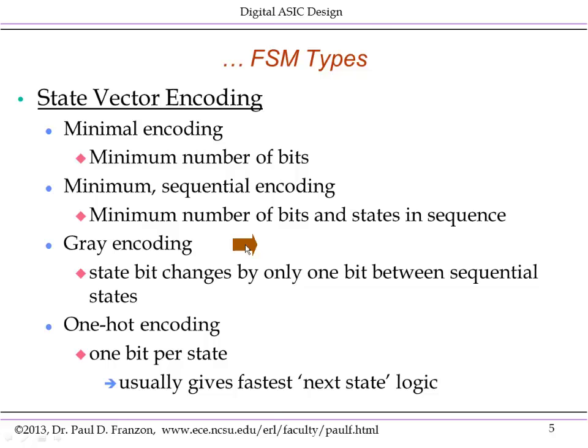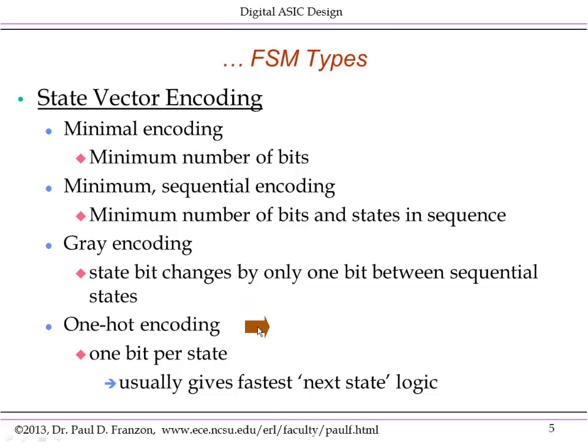You might also want to do gray encoding. In this, you might recall, the state bits will change by only 1 bit between sequential states. This has some minor advantages in minimizing the transitions in the state vector, and you might recall we did use this explicitly when we were going between different clock domains, but you wouldn't expect that to apply here.